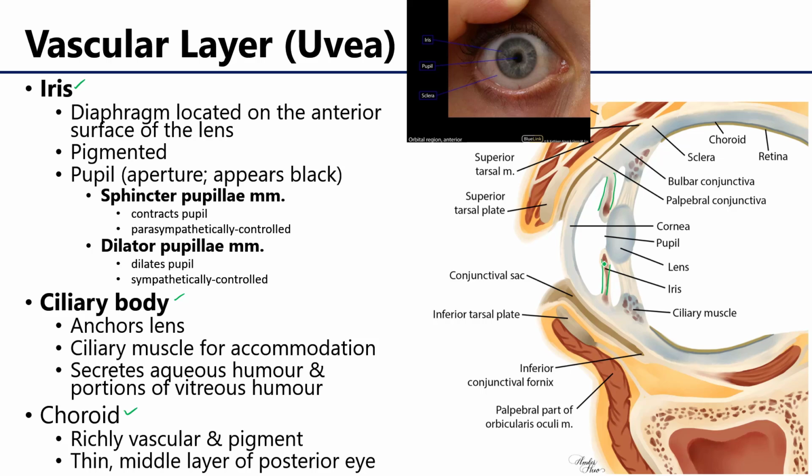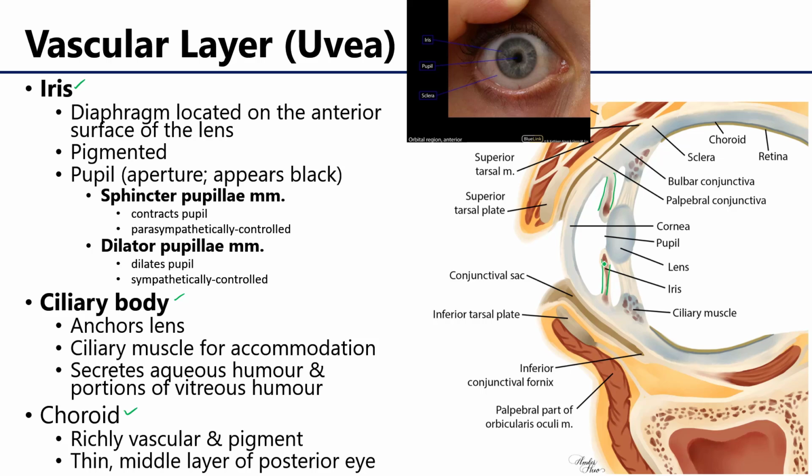It is the pigmented part of the anterior eye that we can see. So if you have blue or green or brown or hazel or some unique eye color, that's compliments of the iris. And the iris works as a diaphragm that determines how much light is passed through to the lens.